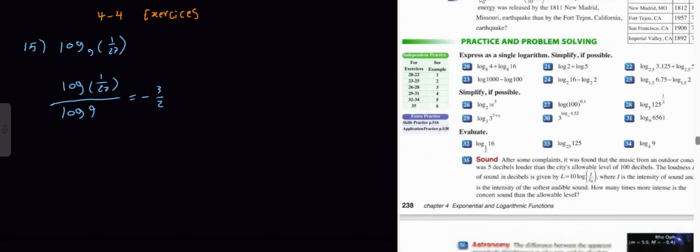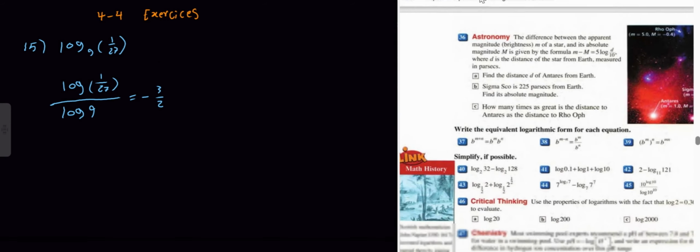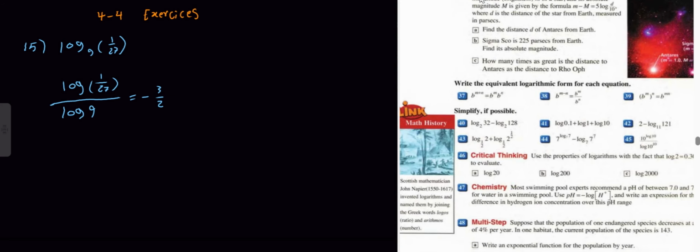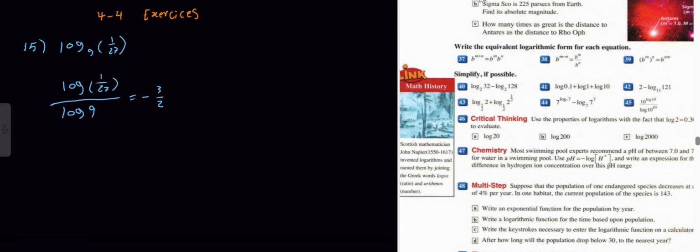Let us solve some hard examples. Let's solve one more example, which is 43. So log 1 over 2, it will be negative 1 plus. We can move this one to here.